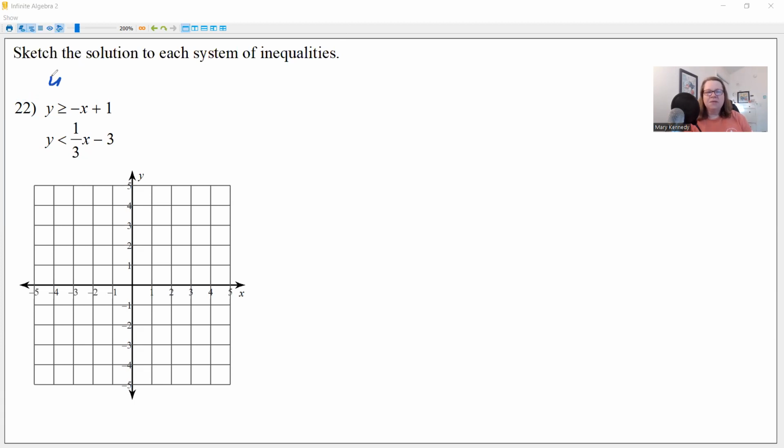So remember, this is like y equals mx plus b form. So when we graph, we always start at the b when it's in that form. So that means we're going to go up one and put a point on the graph. And then this negative x right here is telling us that the slope, which is m, is -1, which means, rise over run, right?